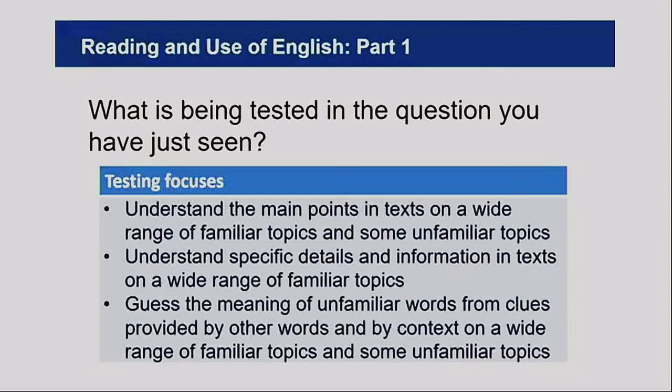So they need to understand the main point and the specific details of the information in the text on a wide range of familiar topics, and guess the meaning of unfamiliar words from clues provided by the other words and by context. So basically that's all about part 1.